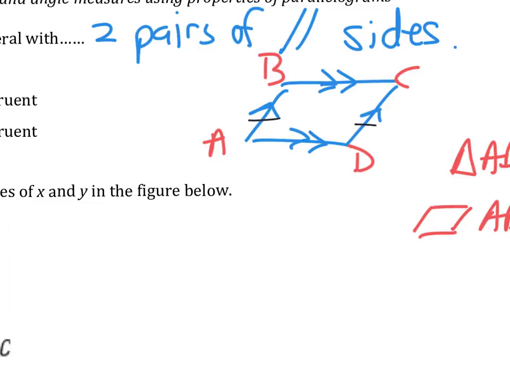So tick, tick, double tick, double tick. And then I'm going to mark in our parallelogram here: angle A is congruent to angle C, and angle B is congruent to angle D. Okay, so our opposite sides are congruent, our opposite angles are congruent.